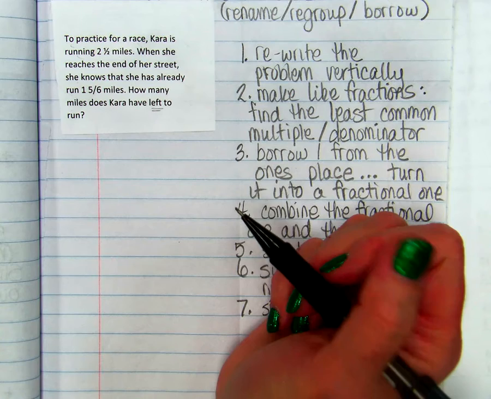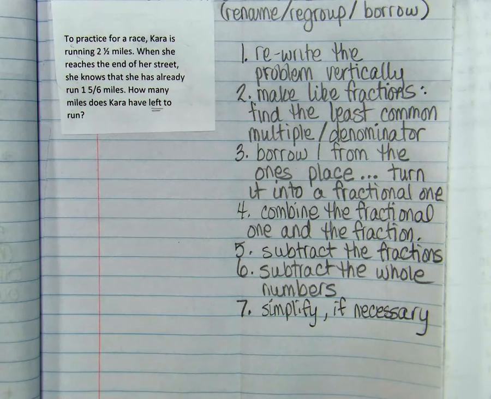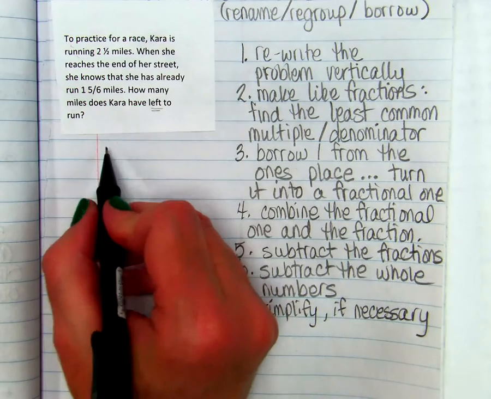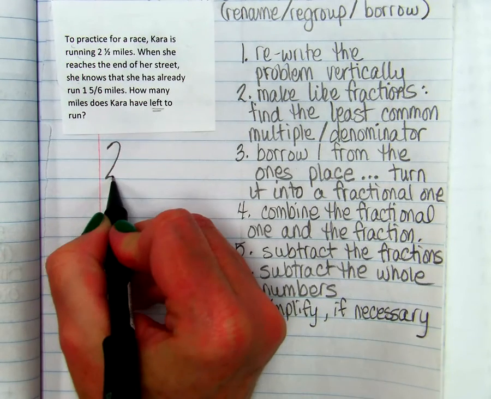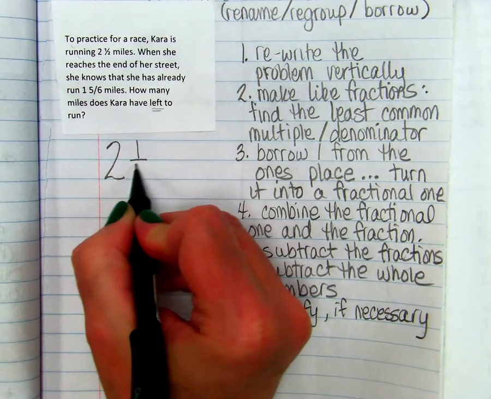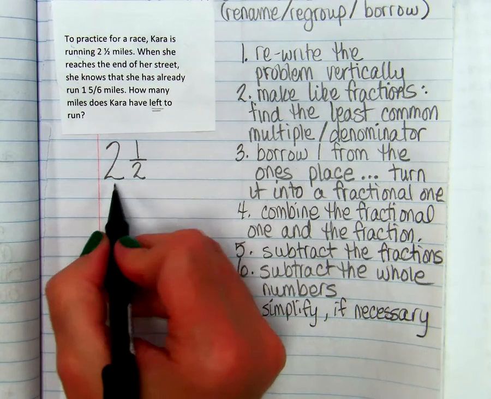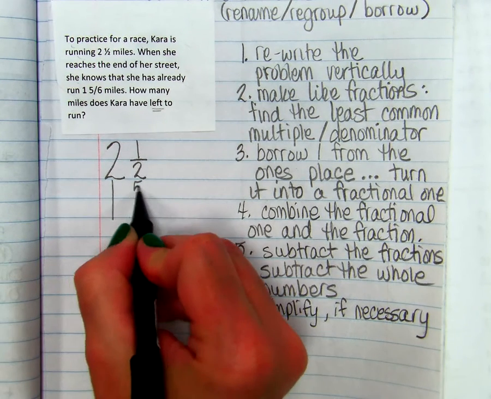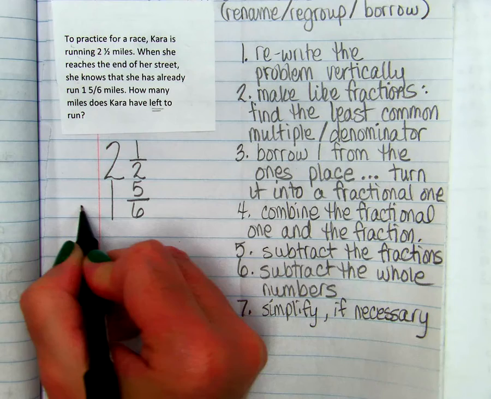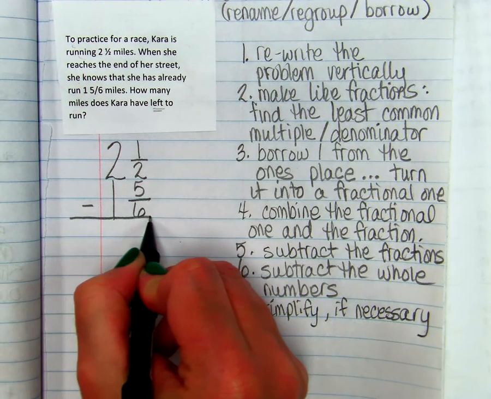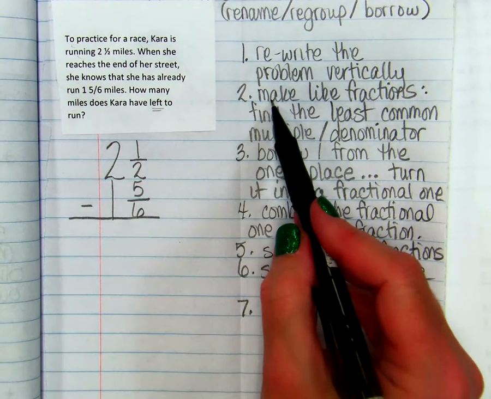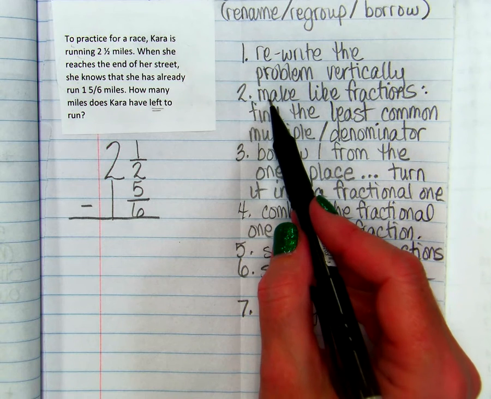So let's write this down. You ready? So we have 2½ and we have 1 5/6. This is a subtraction problem. We need to make like fractions.